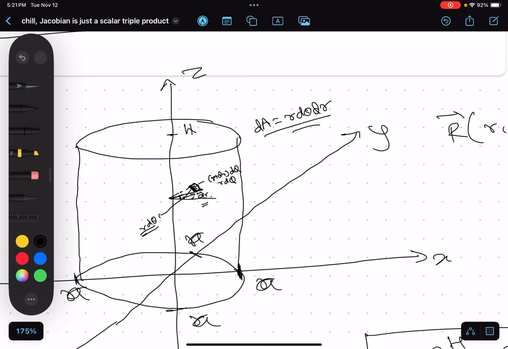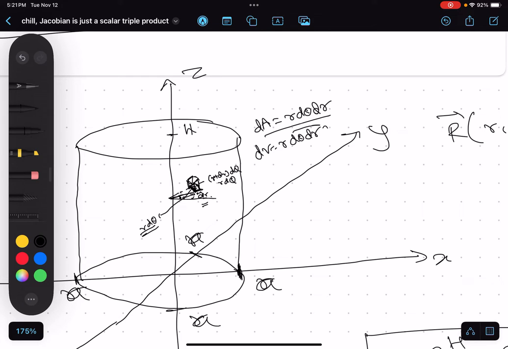Now if there is also a small change in the z coordinate as well, then, yeah, if this was in z, so this is our dv, right? And now since the base is just a rectangle, we can easily find the dv, because we just need to multiply this area by dh, right?